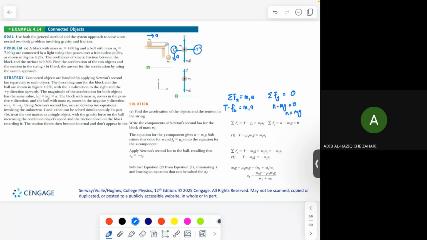Okay, boleh nampak slide tadi? Boleh je. Alright. Okay. So again.